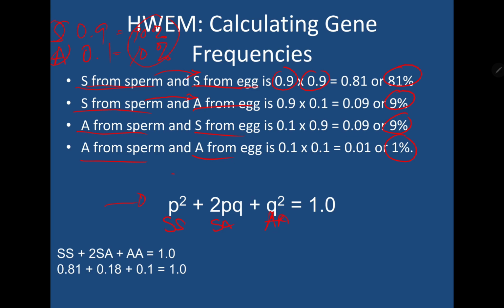So it's 0.81 plus 0.18. Why is it 0.18? Because we have 2 of 0.09, so you add those two: one from SA and the other from AS, which is also SA. Plus the final one, which is 0.01 for the 1%. All equal to 1. And that's what's shown here.